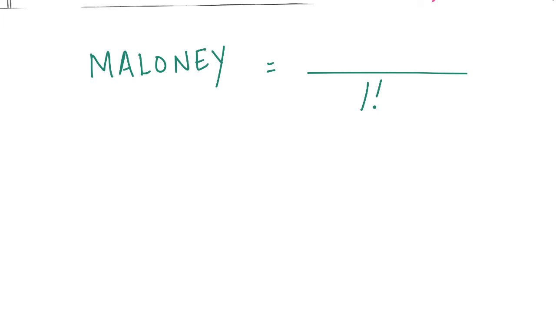From here, I like to see my students put their names. My name isn't very exciting, but I'll do it anyway. My last name is Maloney. Notice I have no repeaters, so that's just going to be over 1. But how many letters do I have? 1, 2, 3, 4, 5, 6, 7.